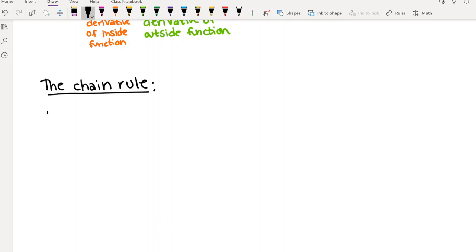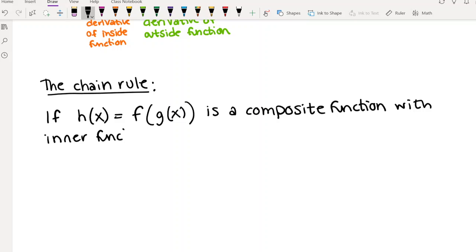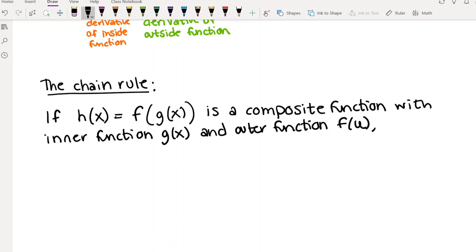The chain rule says that if you have a function h of x that is a composite function, so if you can write h of x as f of g of x, a composite function with inner function g of x and outer function f of u, then what is the derivative?